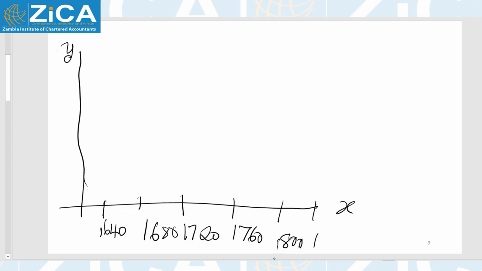Then here we have got 1840. Then we have got 1880. If you add the 40 here, you have 1920.